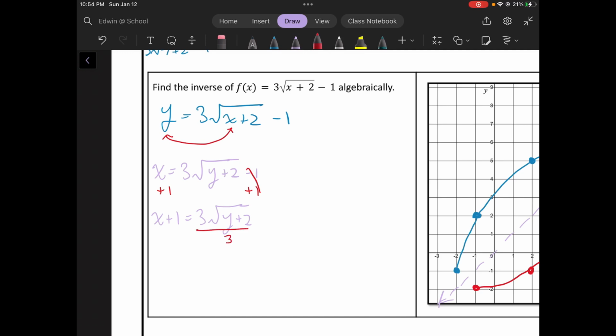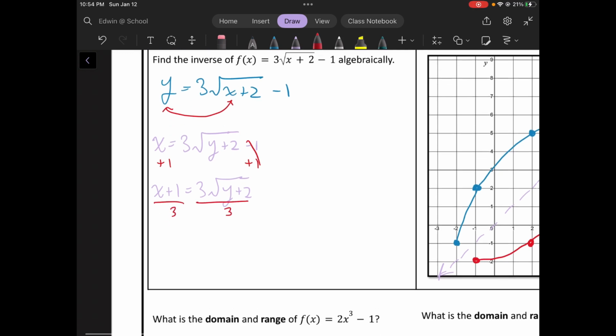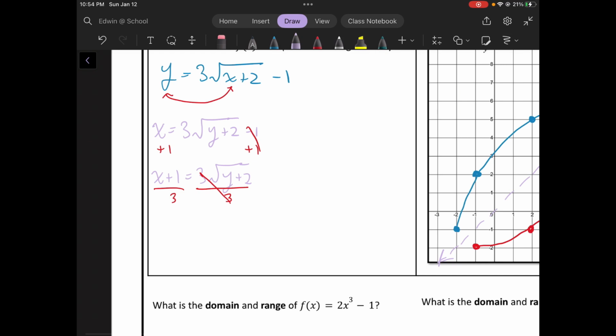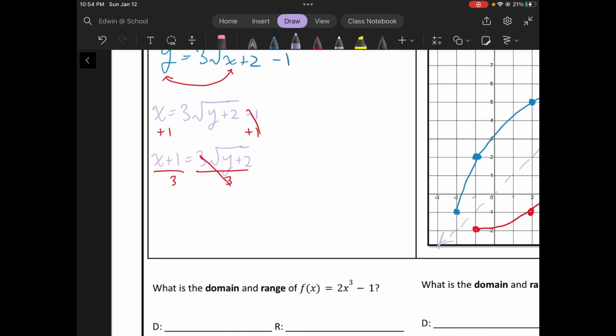Now we have 3 times all that, so we've got to do division. So I'm going to divide, which cancels out that 3. And now we end up with 1 over 3, x plus 1, all of that equal to square root of y plus 2. The opposite of square root, the inverse operation, is squared.